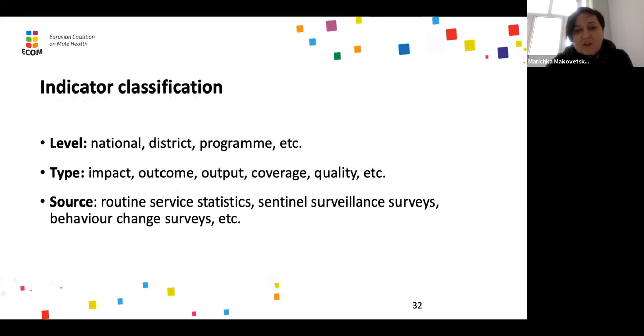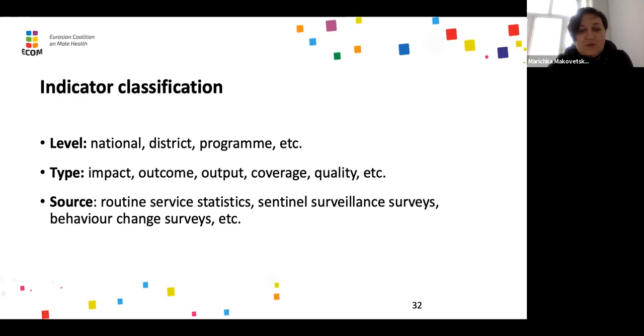Also, another classification of the indicators is by level, type, and source. What I mean, level is indicators of national, district, or program level. Type is impact, outcome, or output, coverage, quality indicators. And source is where you get the information for the indicator, how you collect it.